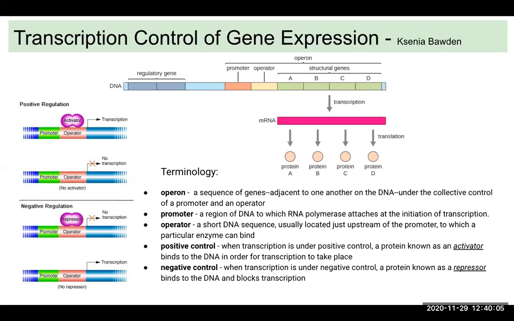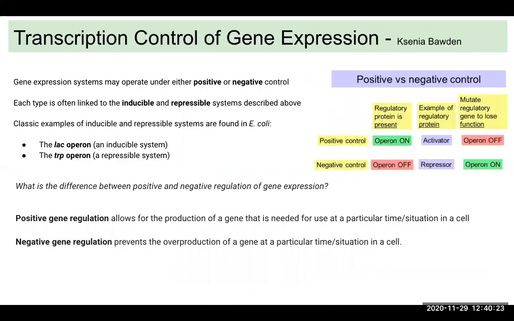Then we have negative control, slightly at the bottom. You have the purple repressor, which is a protein that, when it binds to the DNA, will block transcription. Can we go to the next slide?